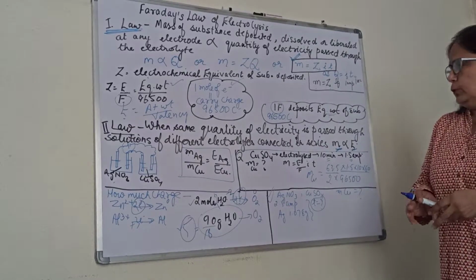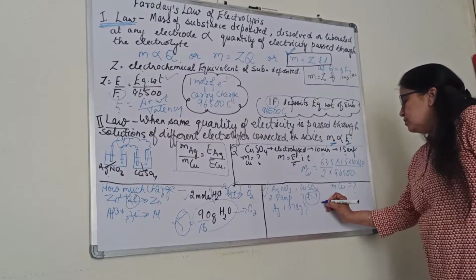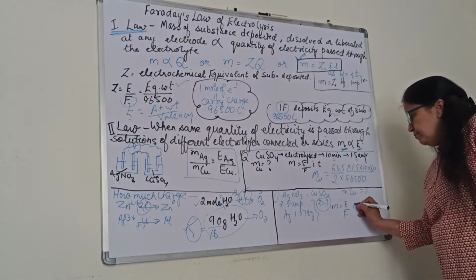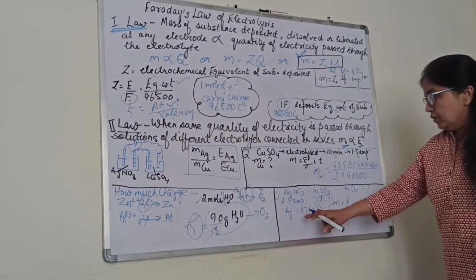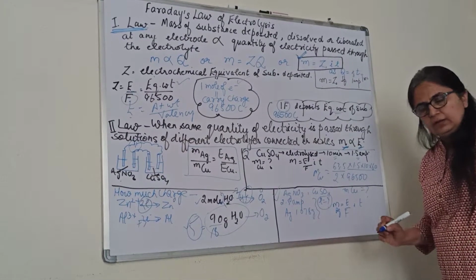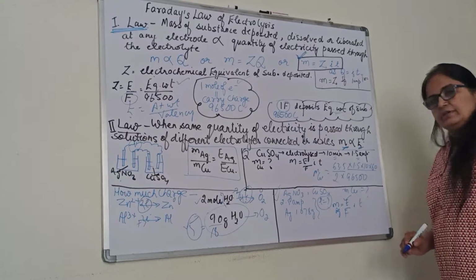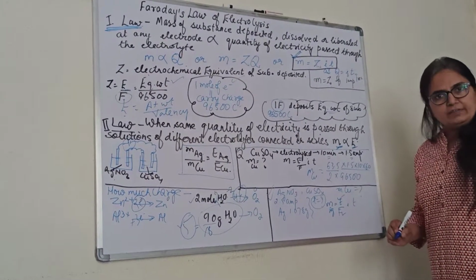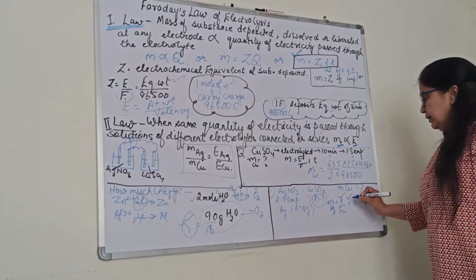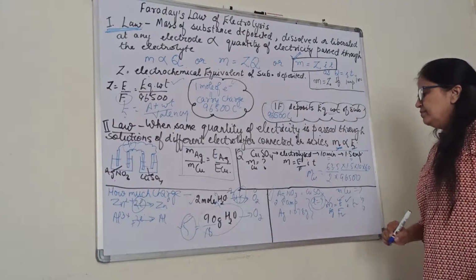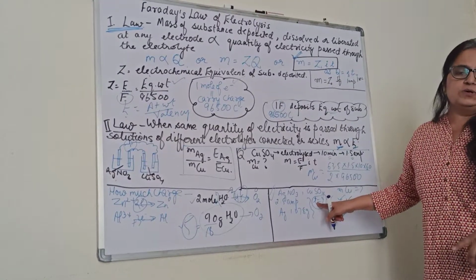So first we will make use of the first law, M is equal to E by F, I into T. Because mass of silver was given, we will use this as mass of silver. So equivalent weight of silver we know, 108 by 1, 96,500 coulomb. Current is given, mass of silver is given, time we will calculate. That is the first part of the question.